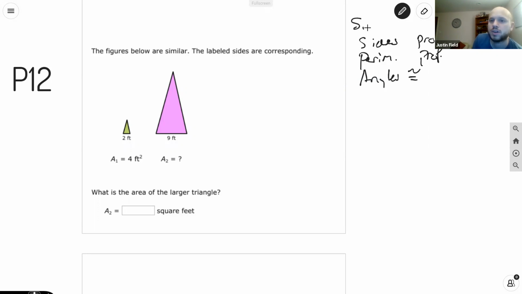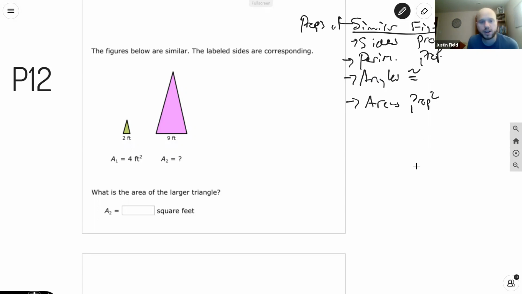These are the properties of similar figures, right? We got proportional sides, perimeters that are proportional, angles that are congruent, and the areas, they're proportional too, but we got to square it. So that can throw some people off. So we got to square the scale factor and multiply by that.